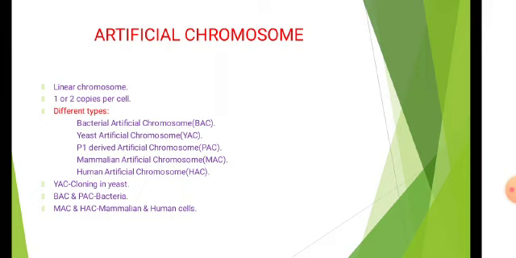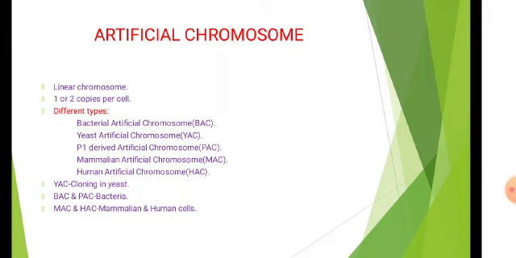Linear artificial chromosomes are of five types. The first one is BAC, bacterial artificial chromosome.